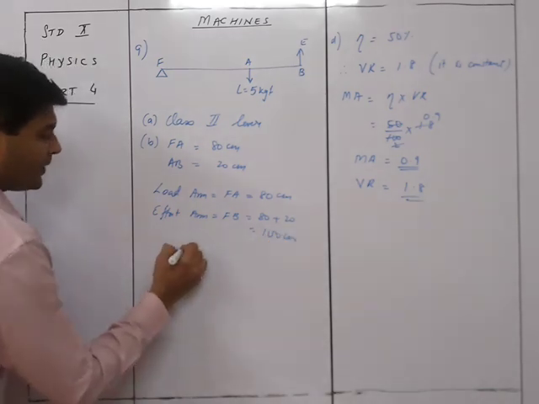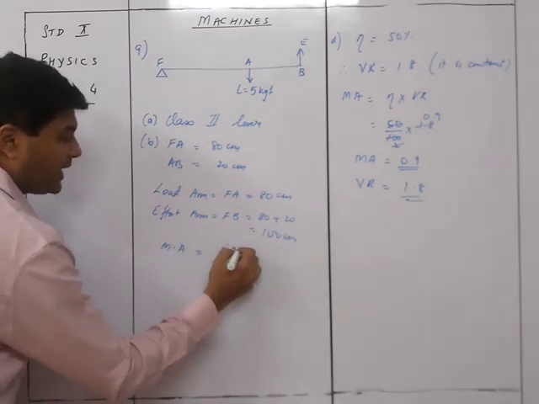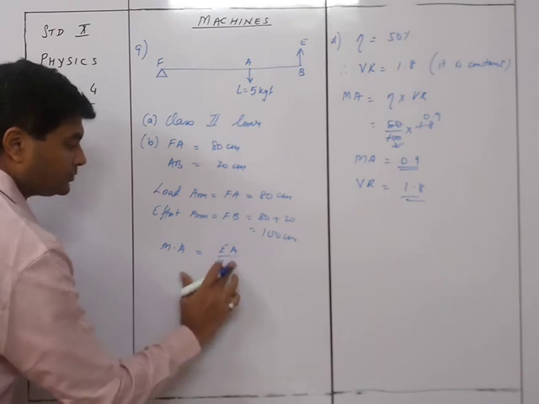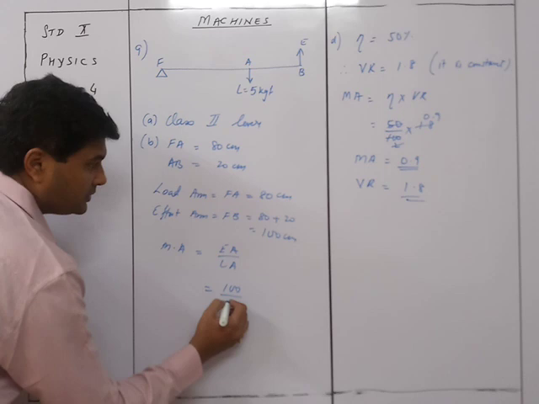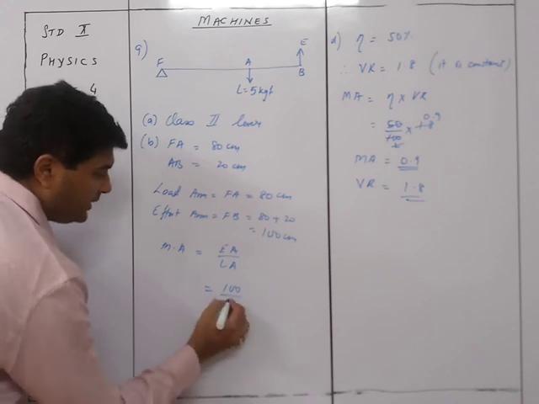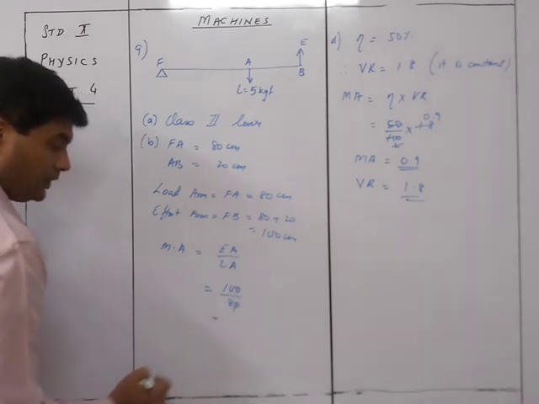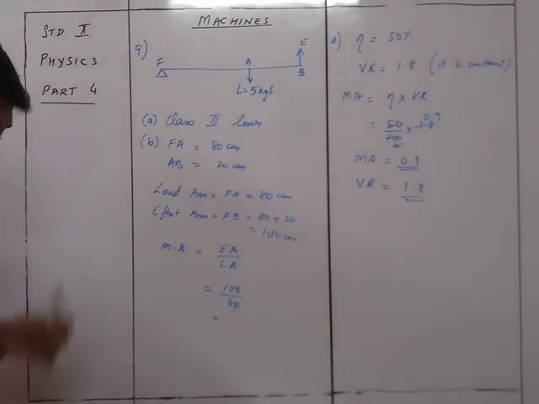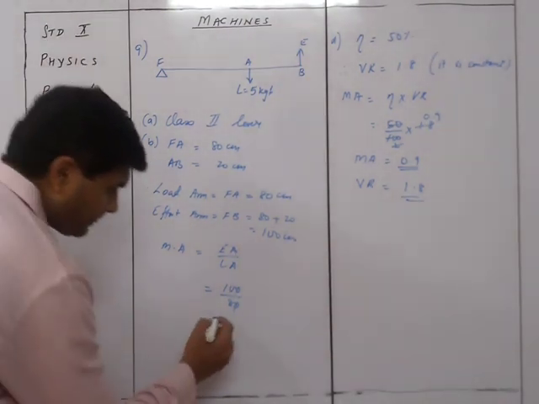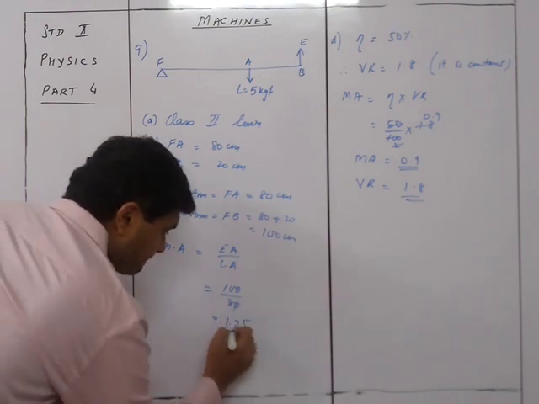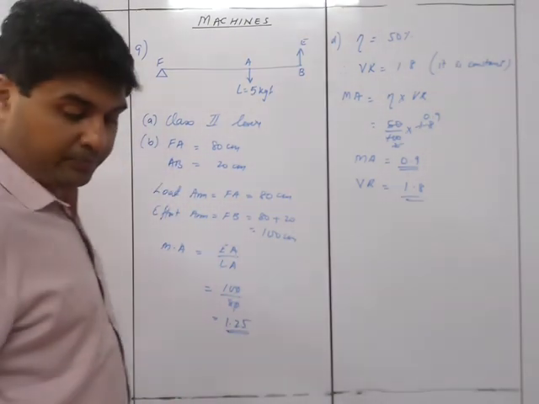So mechanical advantage is equal to effort arm upon load arm, which is 100 upon 80. That is going to be 1.25. So MA will be 1.25.